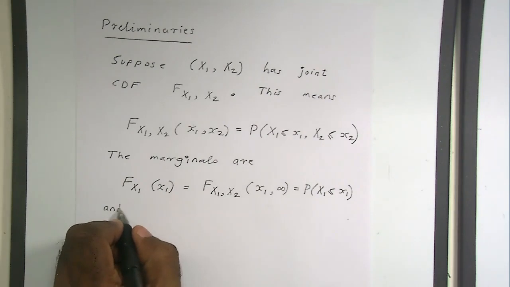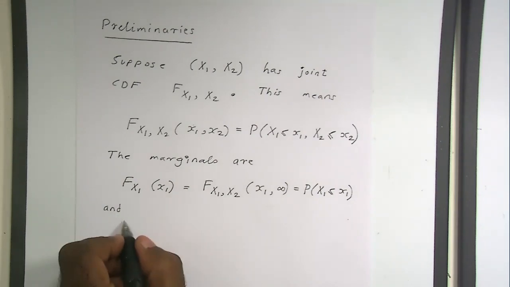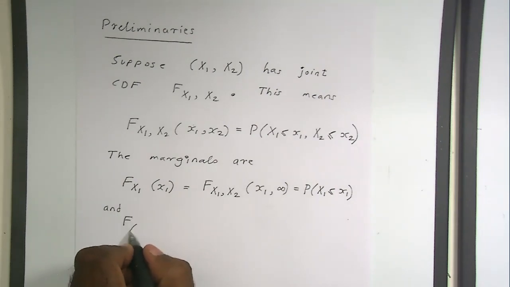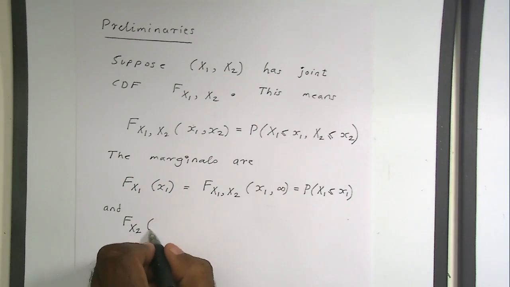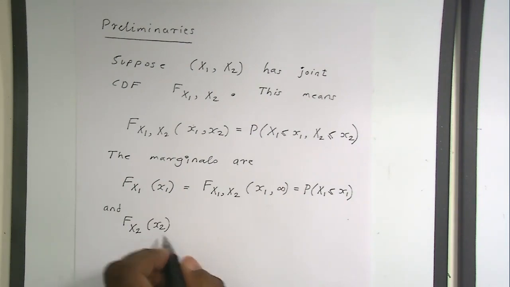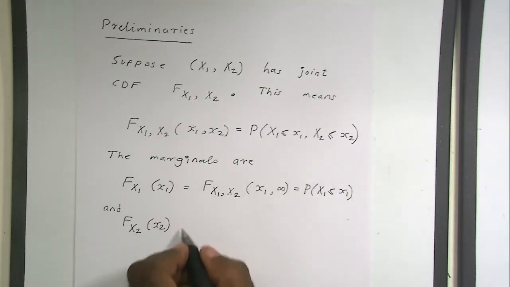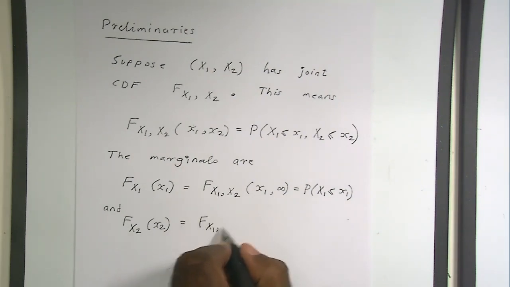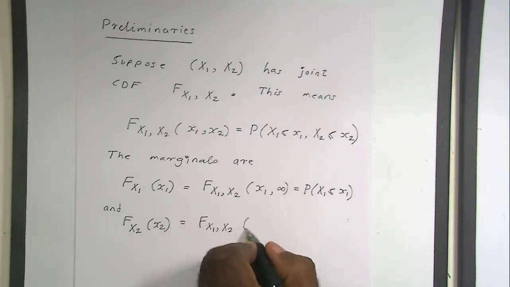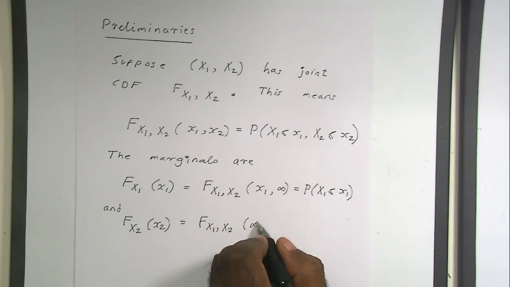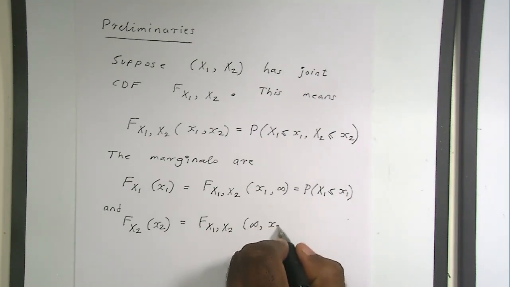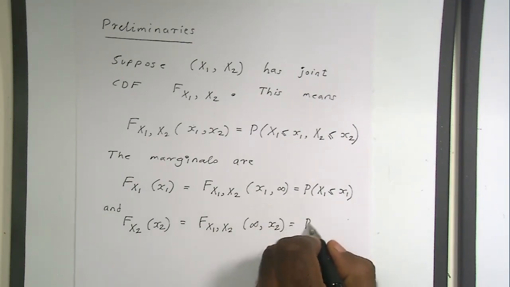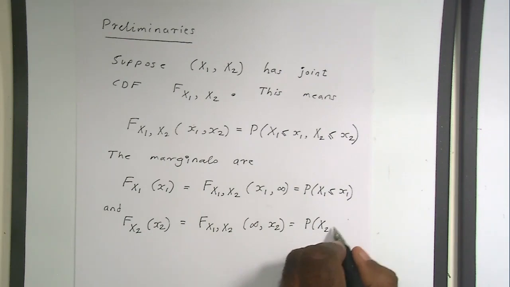And similarly, to obtain the marginal CDF of x2, you put x1 equal to infinity, and that will give you the probability that X2 is less than or equal to x2.